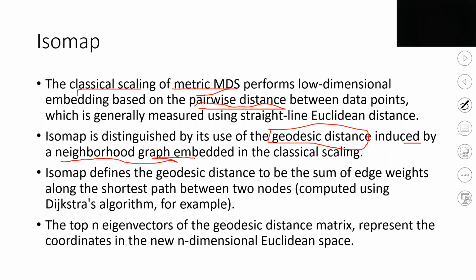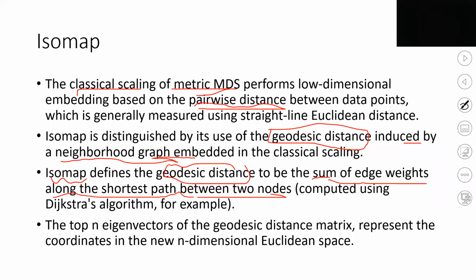So the distance between data points used for Isomap is between two points, the sum of edge weights along the shortest path between the two data points.